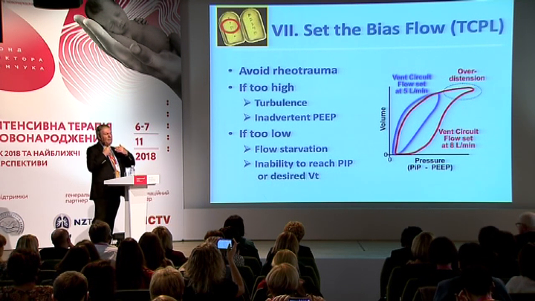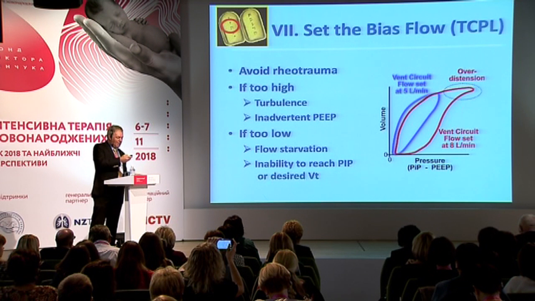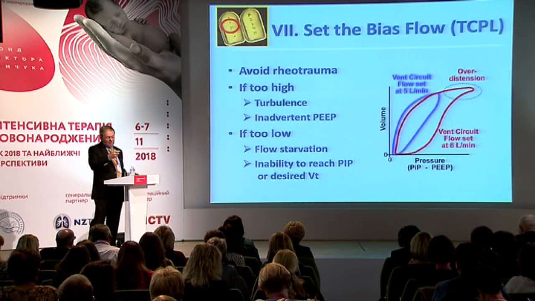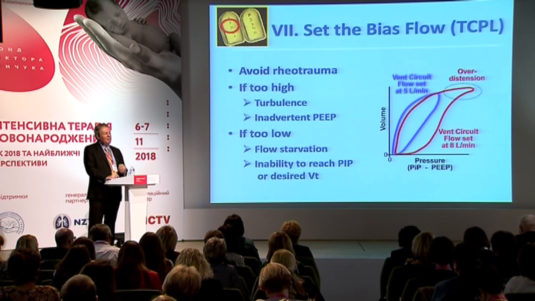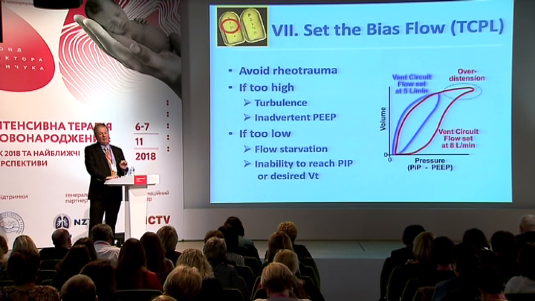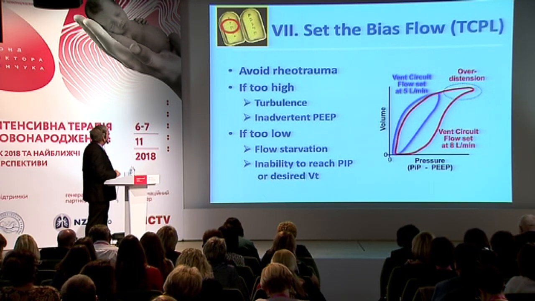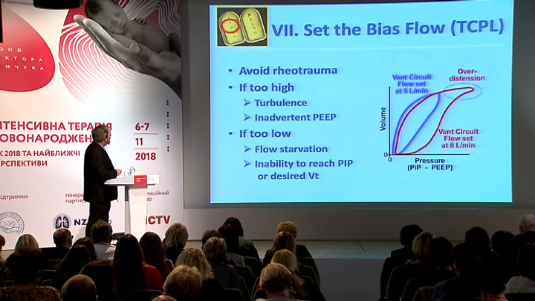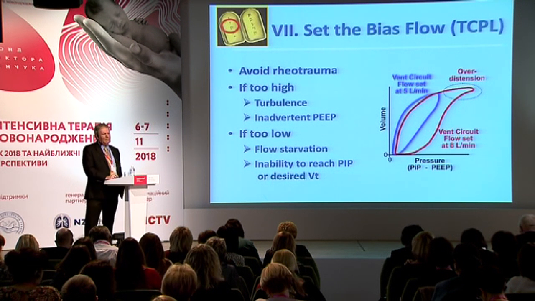You've all heard about volutrauma and atelectotrauma and barotrauma. There's another trauma that goes along with this, and that's rheotrauma. It refers to injury to the airway or the lung if your flow delivery is not set appropriately. If you set flow delivery too high, two things may happen. Number one is you may develop turbulence.